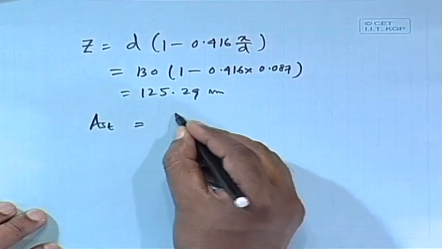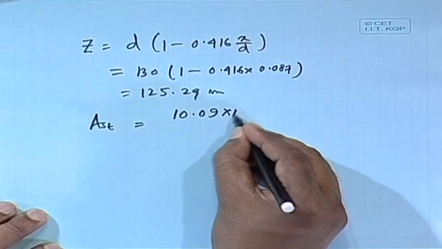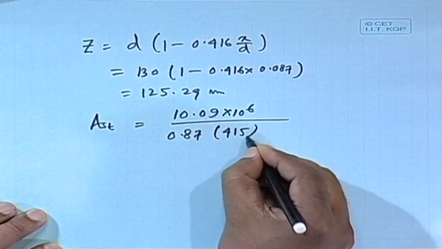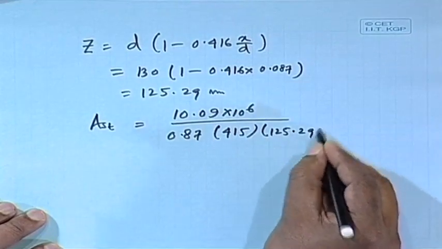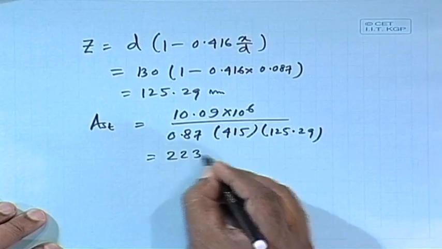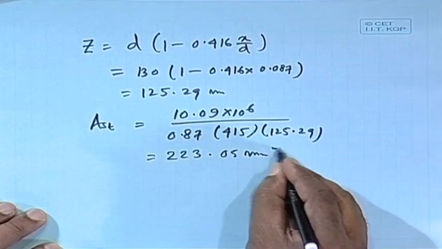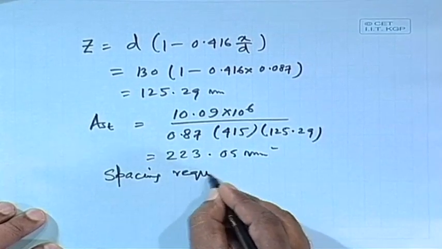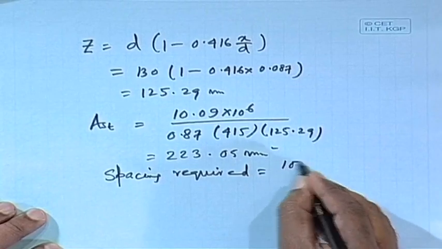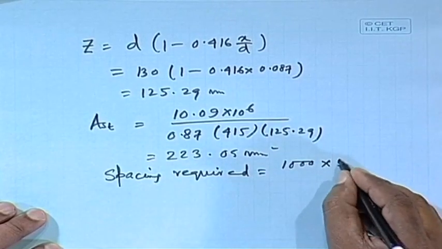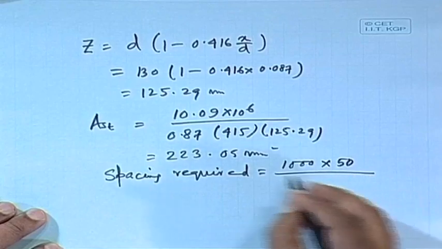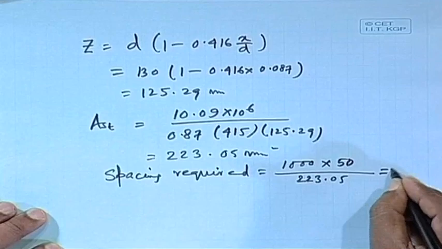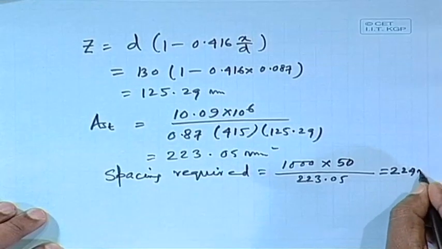Ast directly, let us compute: 10.09 into 10 to the power 6 divided by 0.87 times 415 times 125.29 equals 223.05 square millimeter. So, spacing required equal to 1000 times, let us assume that 8 millimeter dia bar we shall use, because it is too less, so 223.05, which comes as 224 millimeter.